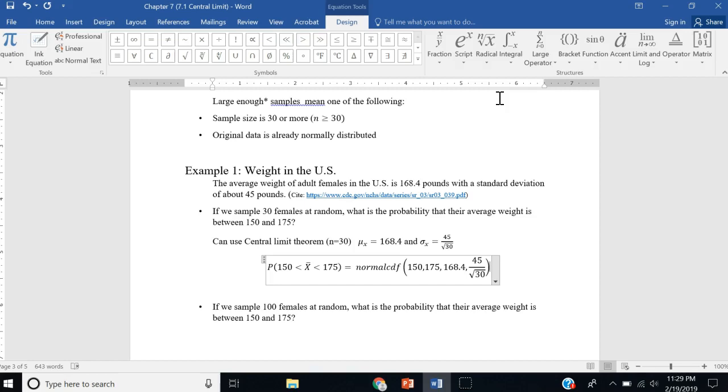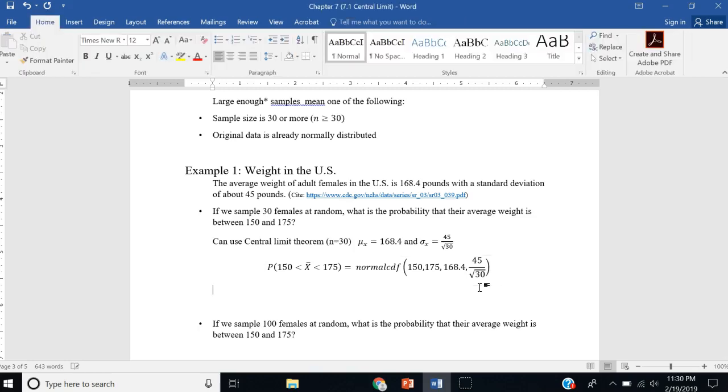You can type it in with just writing in the square root of 30. Some people often think, oh, I need to figure out what 45 divided by the square root of 30 is. You don't. You can just leave it as 45 over square root of 30 in your calculator and get it like that.